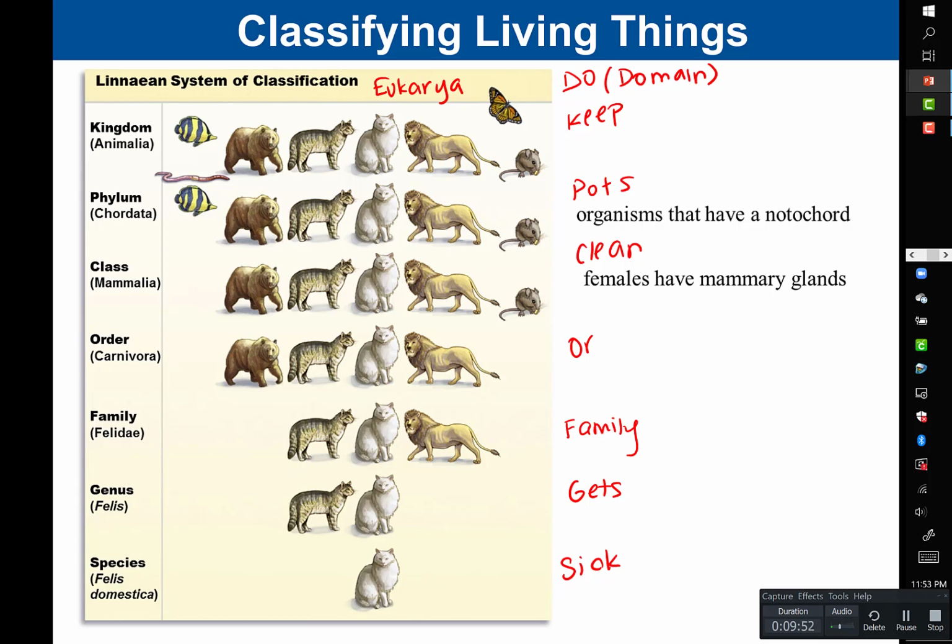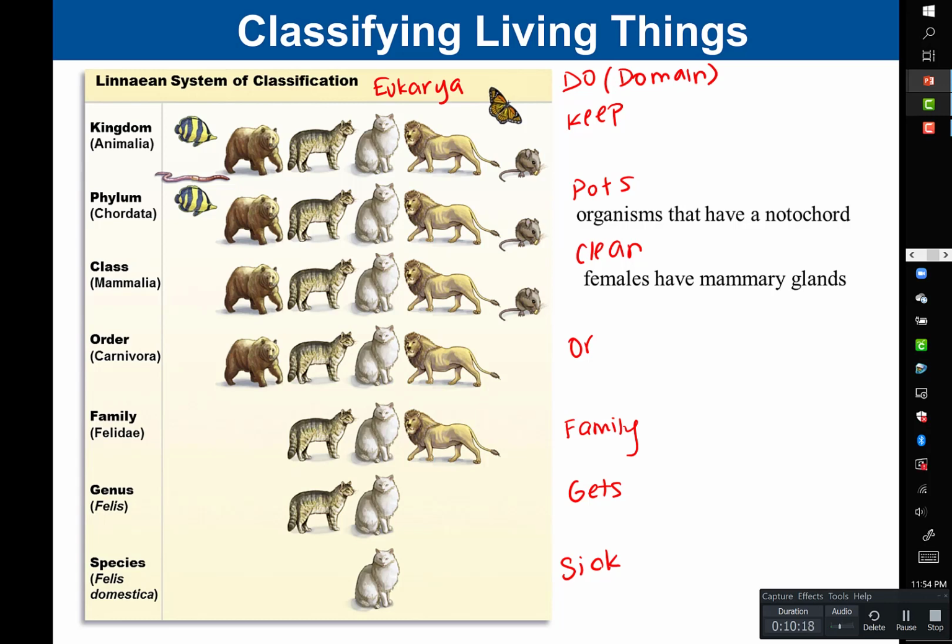So do is domain. Again, the most broad type of classification. So in domain Eukarya, for example, you would have plants, animals, fungi, protists, etc., right? It's a very broad classification. Then we get to kingdom. Now, kingdom is starting to get more specific. So in this kingdom, we're looking at kingdom Animalia, animals.